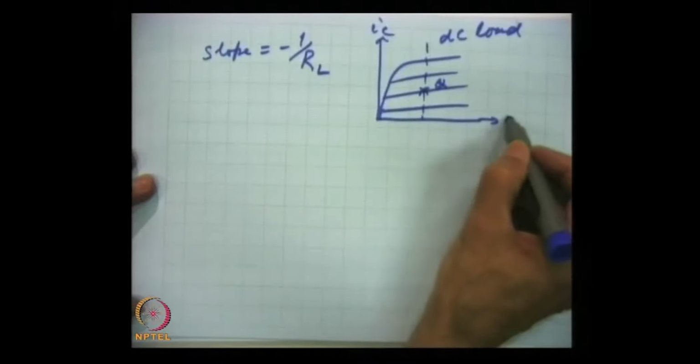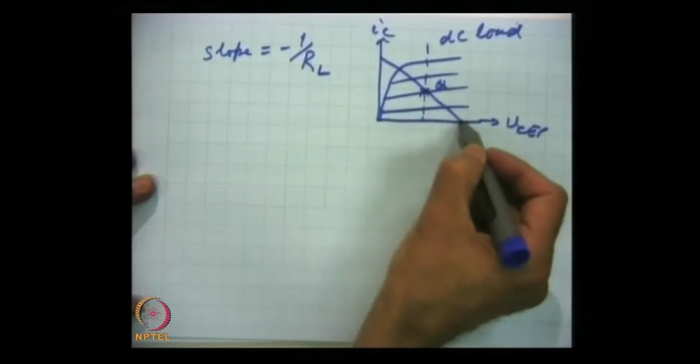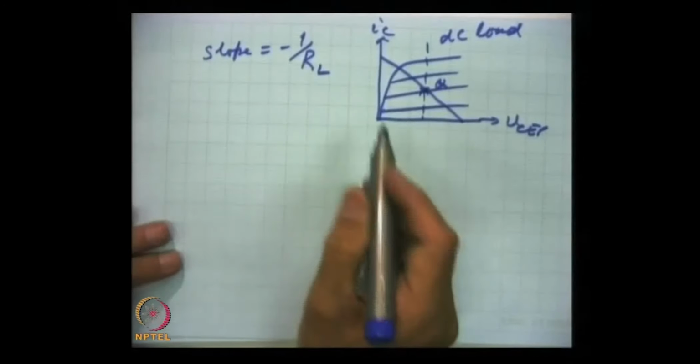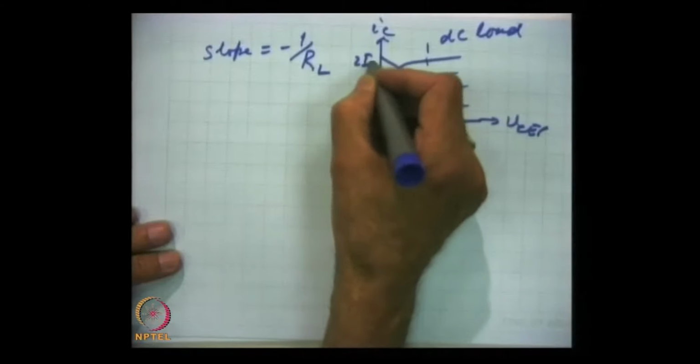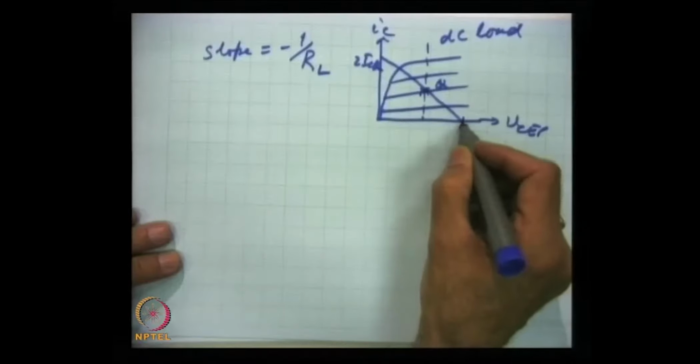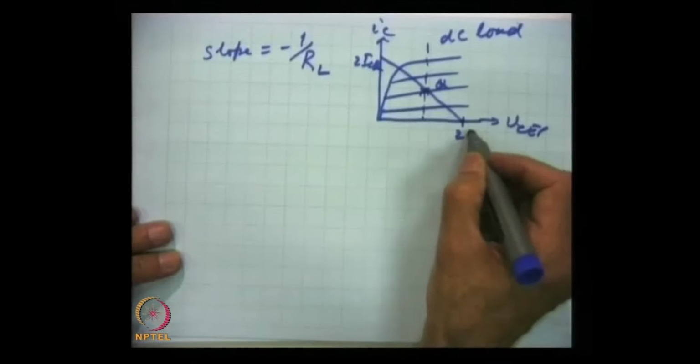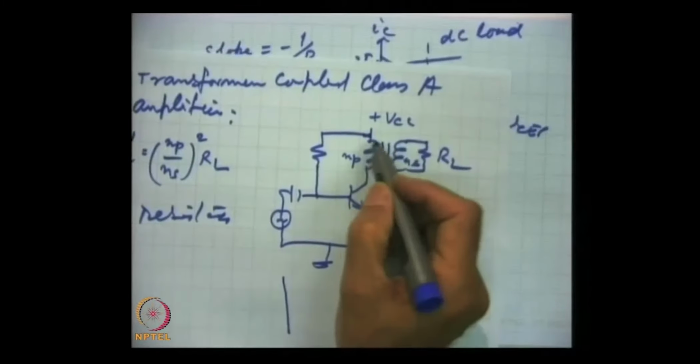and of course this is IC, this is VCE, and this is the AC load line where this is twice ICQ and this is twice of. Now we can use directly VCC as Q point.